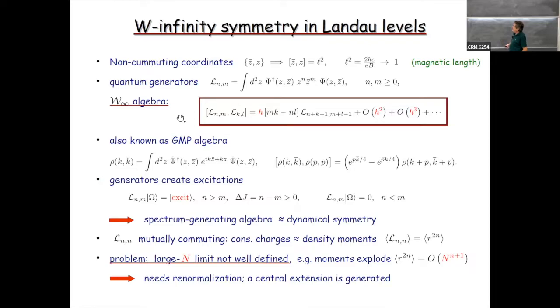So then you can compute the algebra. The leading term is a classical term, but there are a number of higher order terms, because when you take a commutator of derivatives, you have several terms. There is a finite, known number of terms, which involve higher powers of h bar.